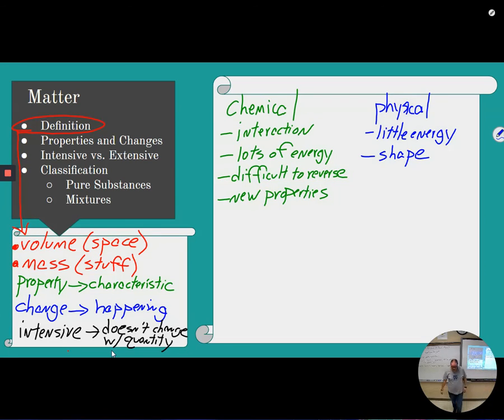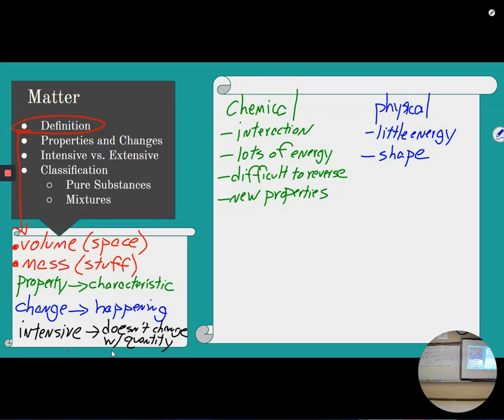Now, this doesn't just mean folding it, breaking it, cutting it, squishing it. It doesn't just mean melting it or freezing it or evaporating it. All of those are physical changes, but it could also include dissolving it. Okay? If I dissolve salt in water, the water still has all of its properties and the salt still has all of its properties.